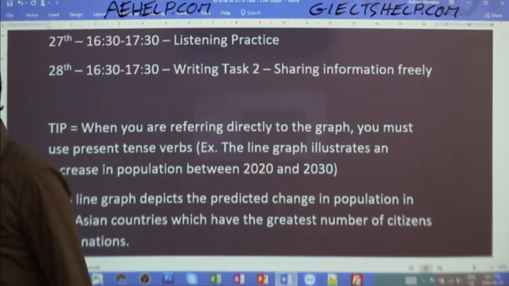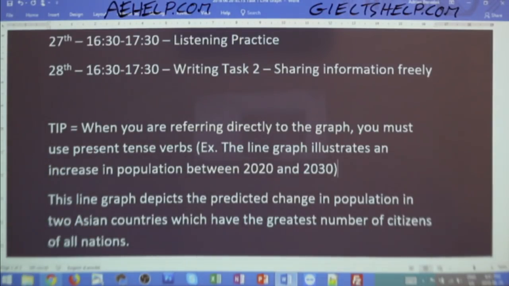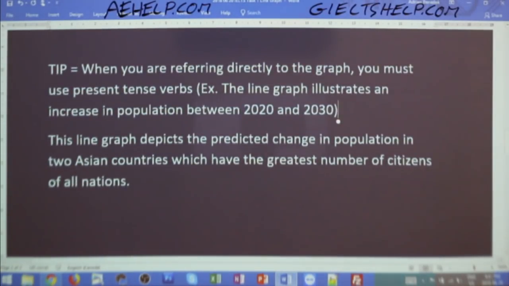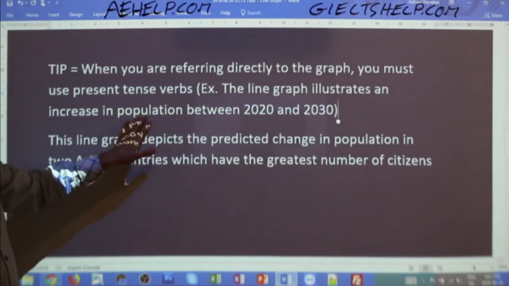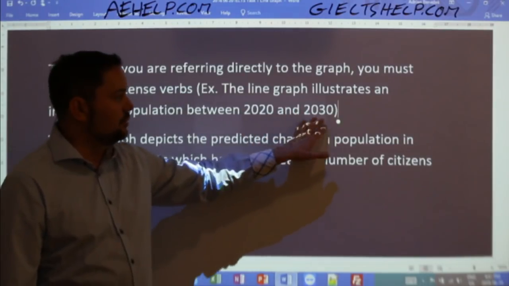So notice how in this example that I just put up here for you, I'm using present tense, okay? The line graph illustrates an increase in population between 2020 and 2030.